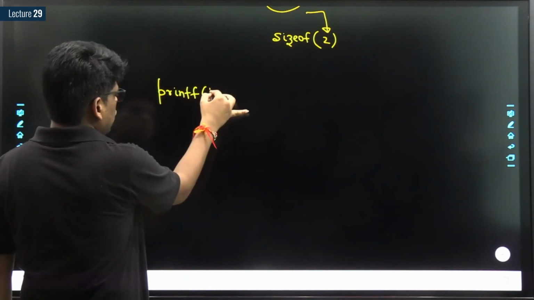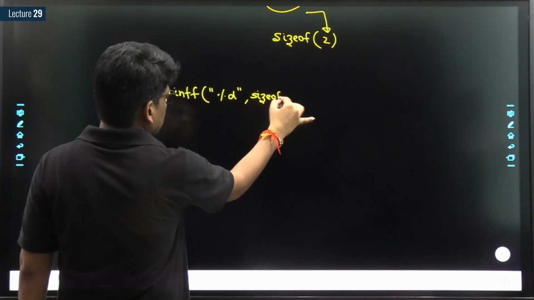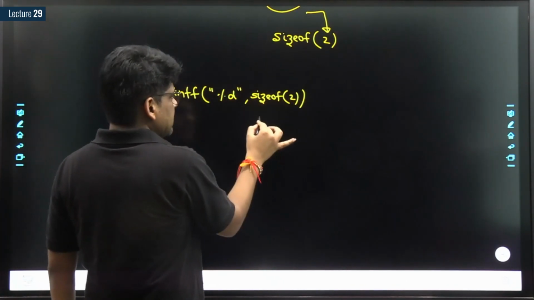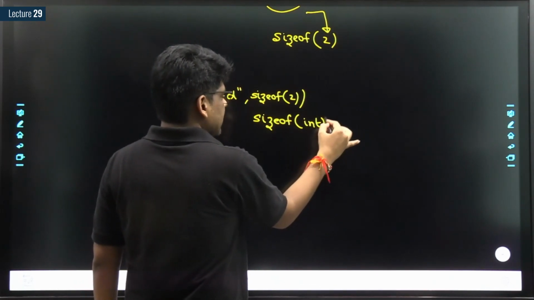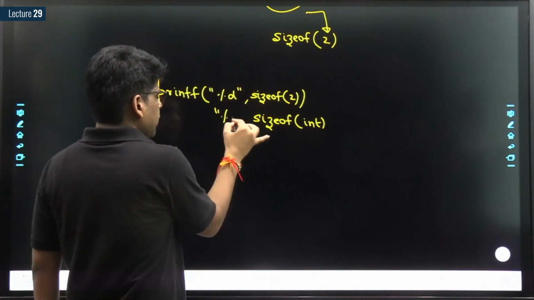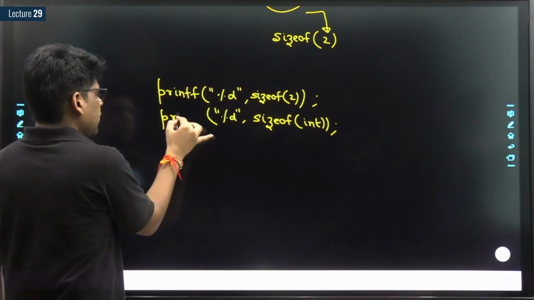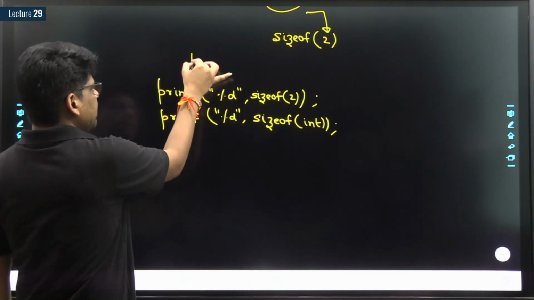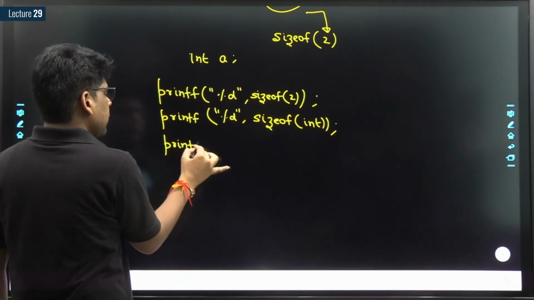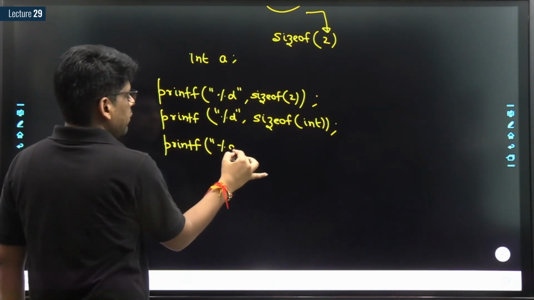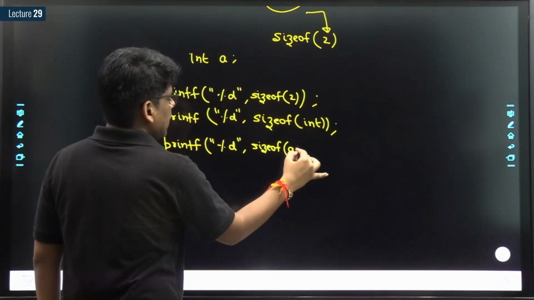Sir, what is the output of something like this: %d, sizeof 2? Sir, it will print the same output as if you write sizeof int. And this will also give the same output if you write printf %d sizeof variable a.